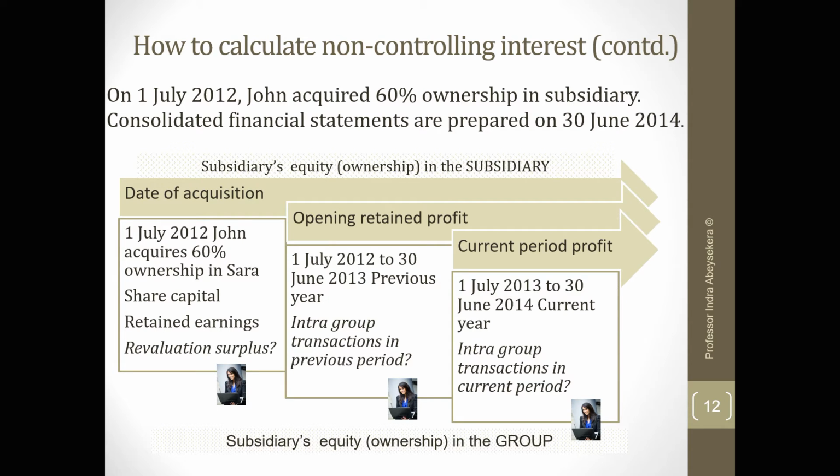That portion should be given. And in the current period, from 1st of July 2013 to 30th June 2014, profits after adjusting for intergroup transactions, that proportion should be given to non-controlling interests.